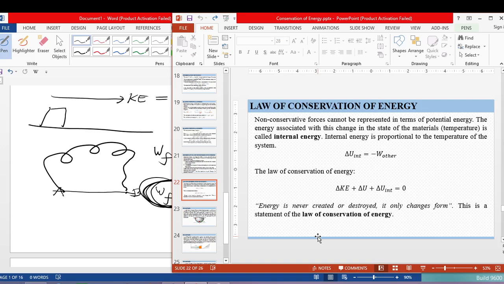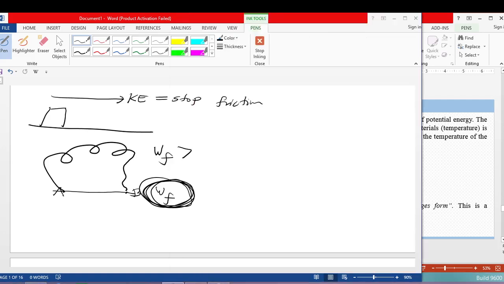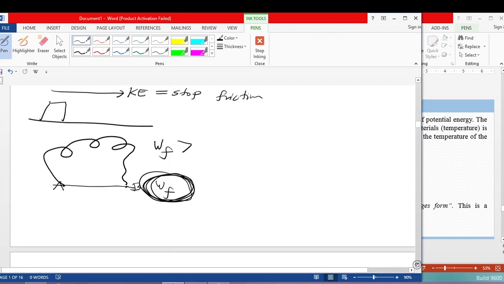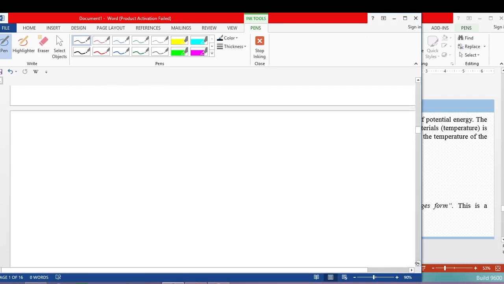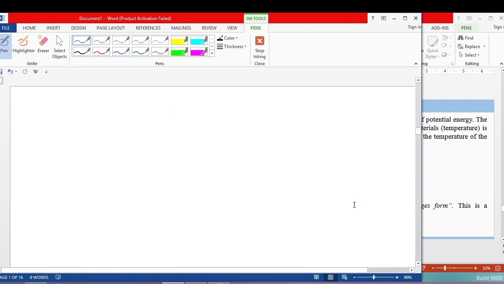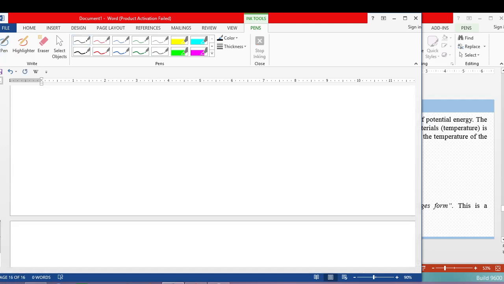Even the universe, the particles, and all systems follow the law of conservation of energy. Yeah, I think that's it. So we have to move on to our example.